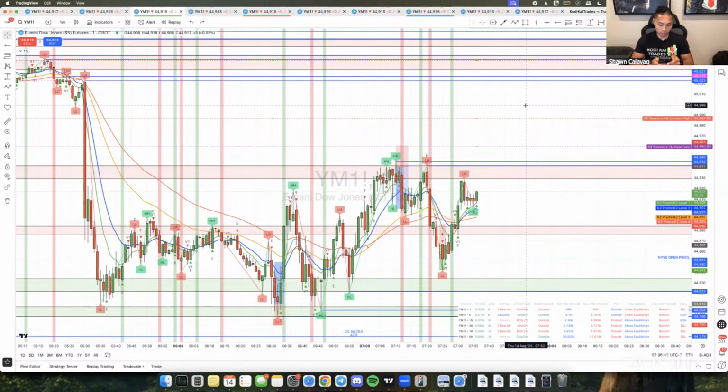Otherwise, we will continue to follow along here. We don't got much going on, guys. Price is just going sideways here. We're not even getting any directional moves at all.